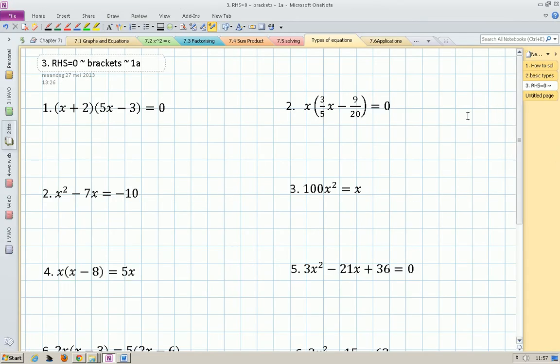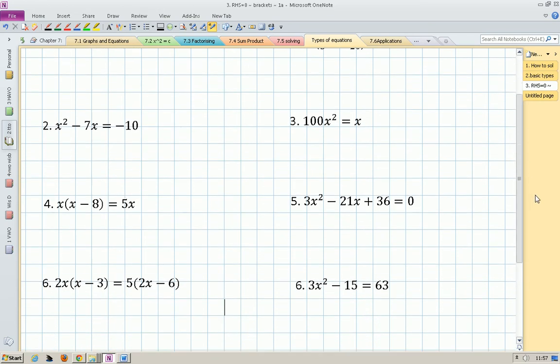But there are also other types possible. Now, these we've already seen. But something like this, this is definitely a quadratic equation, but there's a minus 10 on the right side and not a 0. This is something that we've not seen before, but still a quadratic equation.